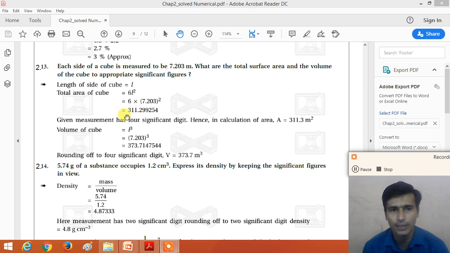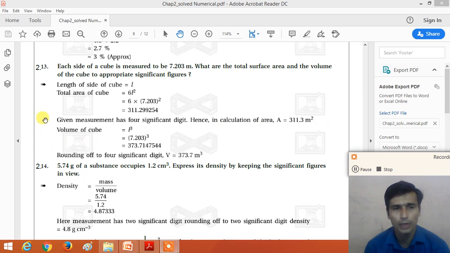Rounding up this value up to 4 significant digits, we get the total surface area A is equal to 311.3 meter square. So in the final answer, we get 4 significant digits, 3, 1, 1 and 3, right? So the correct answer is 311.3 meter square.